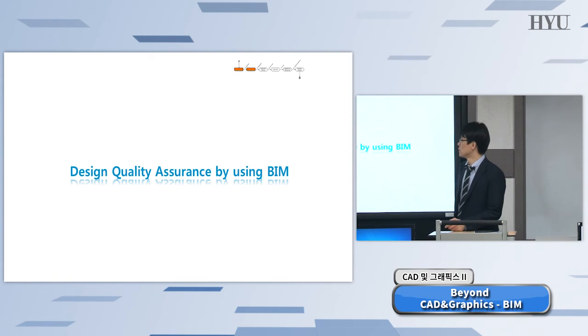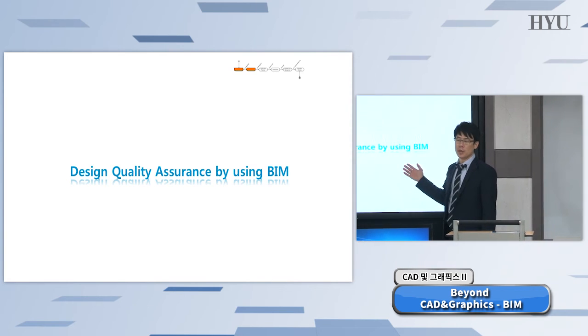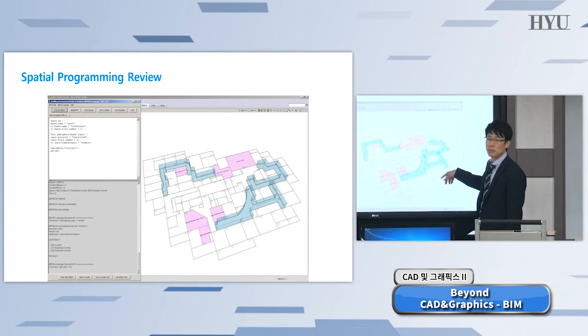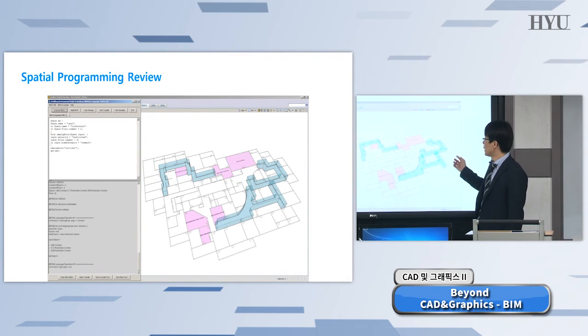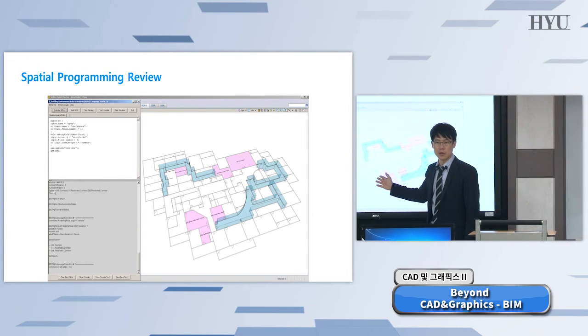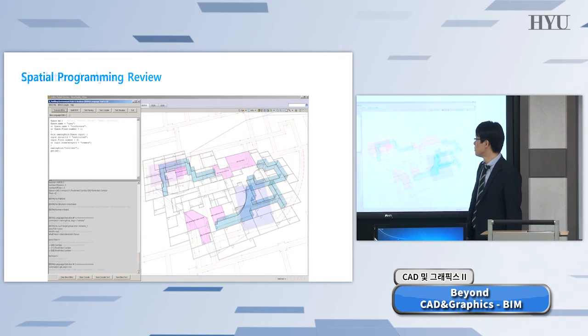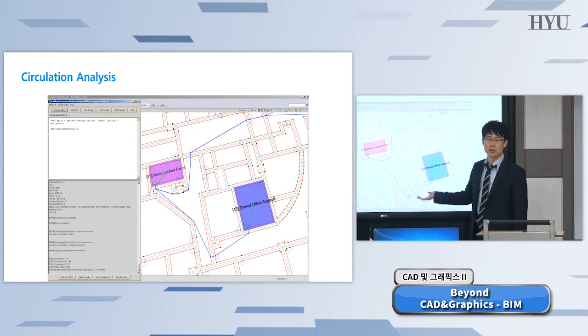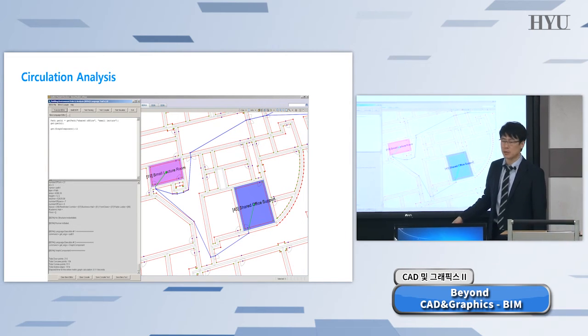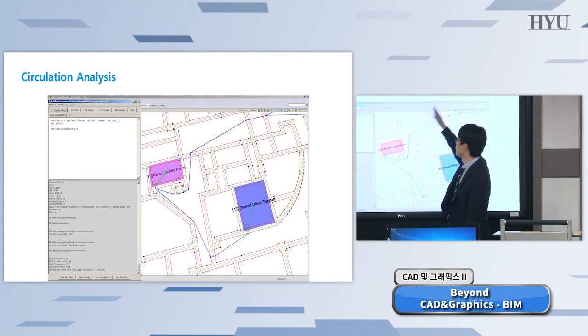Design quality assurance by using BIM. From now on, how to use the information we have. This is one of the BIM applications. Based upon this, in 3D, we can analyze space allocation, area calculation, architectural program, and so on. How about this one? Circulation analysis. The blue lines are circulation paths between those two spaces and another space.